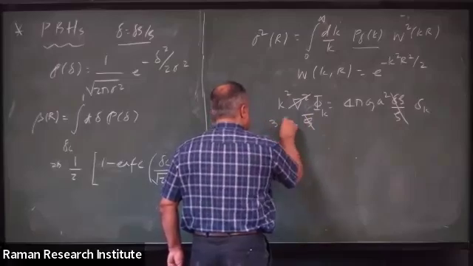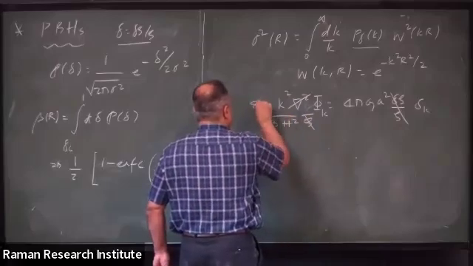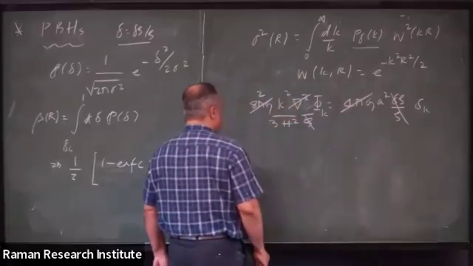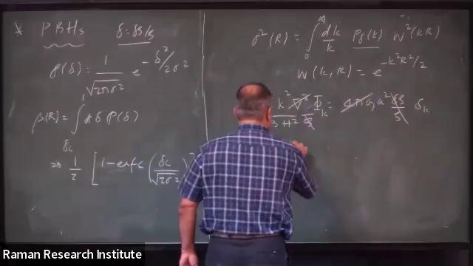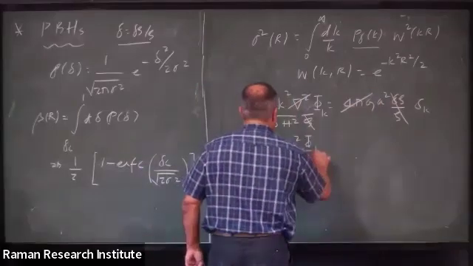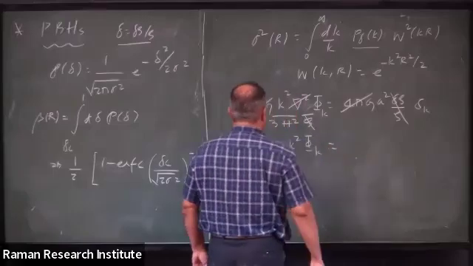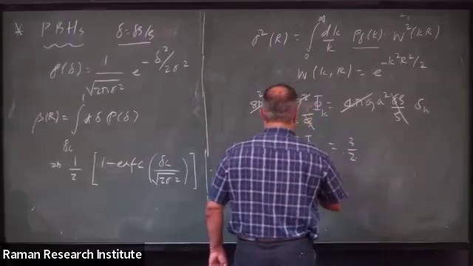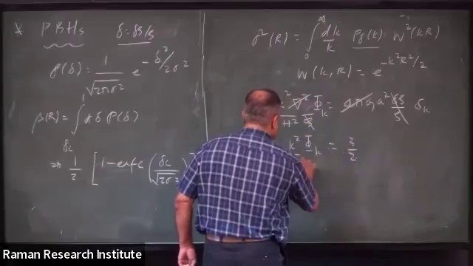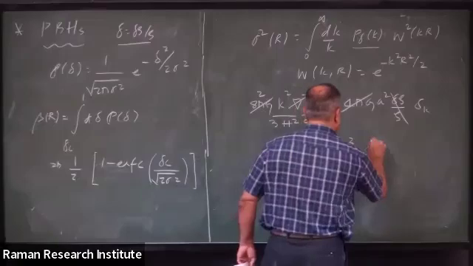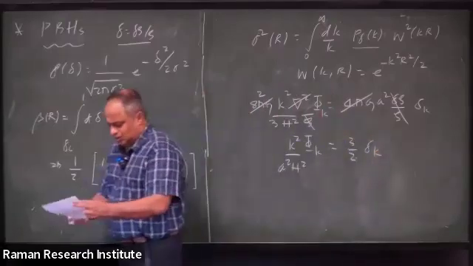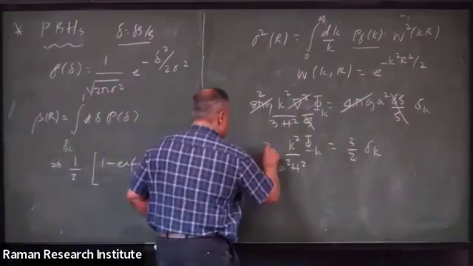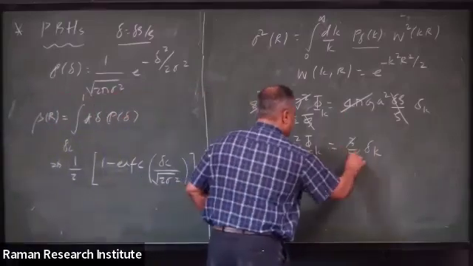Help me. 3H squared by 8 pi G. There is a factor of 2, this goes away. So I'm left with K squared phi K over A squared H squared equal to 3 by 2 delta K. So delta K is 2 by 3 times this.